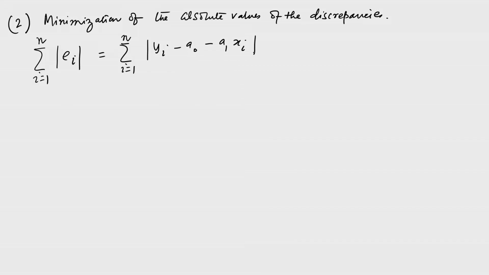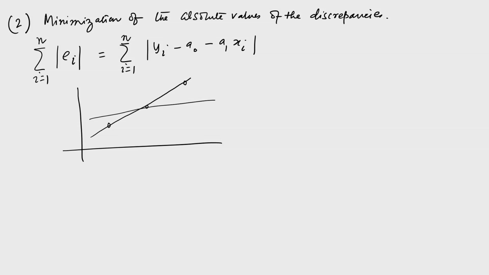So, you need to minimize this, but this is also not sufficient, because let us draw again these 3 points, say for example, and draw a straight line through these points, and another line which is like this. Let us draw it with a different color as we have done for the earlier one.